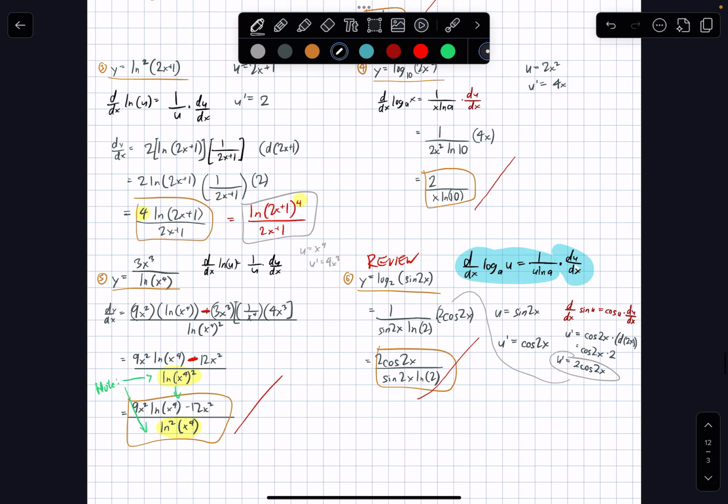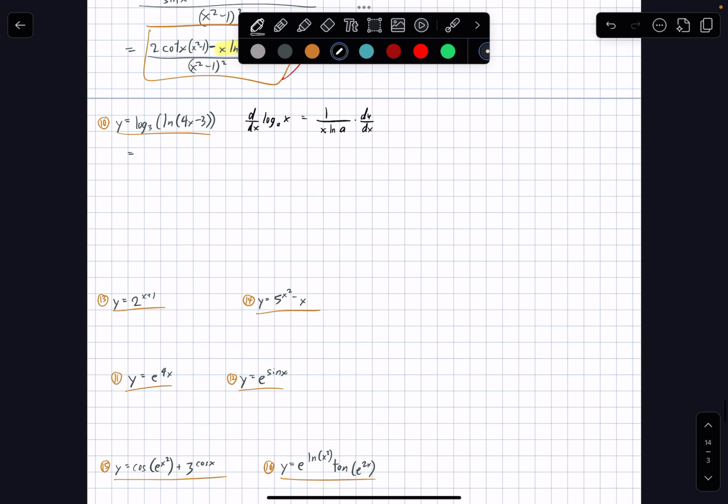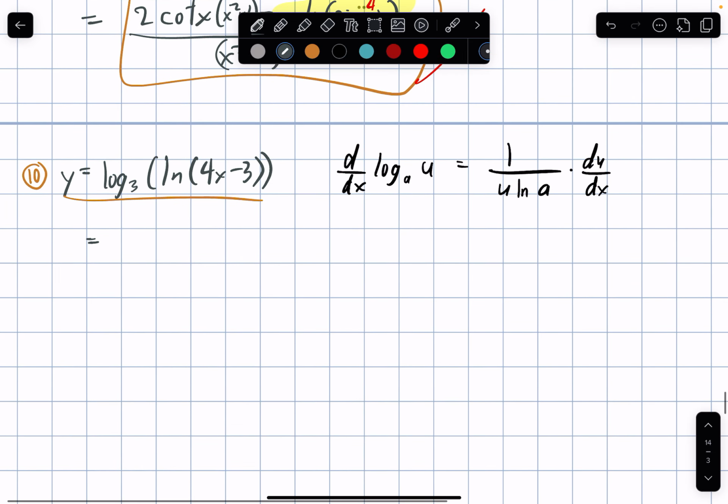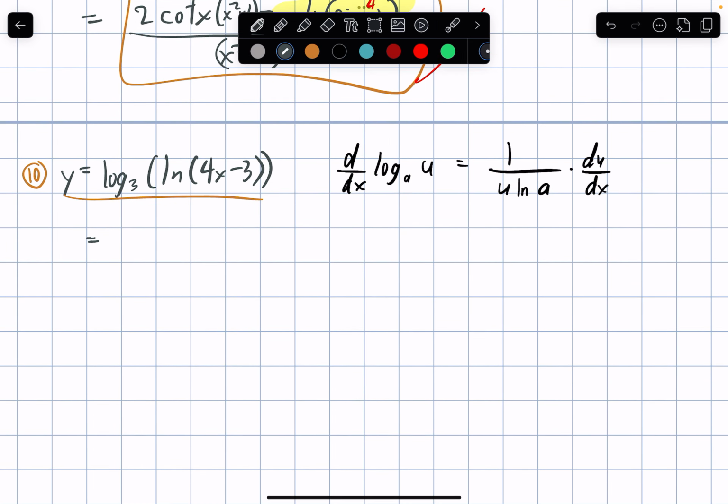Let's confirm if my formula is correct. Okay. Oh wait, let's make it U. Ulna. How about ln?